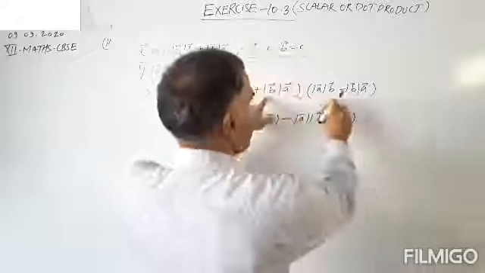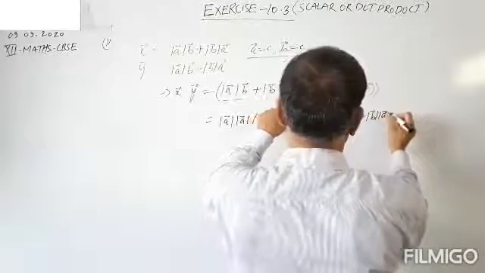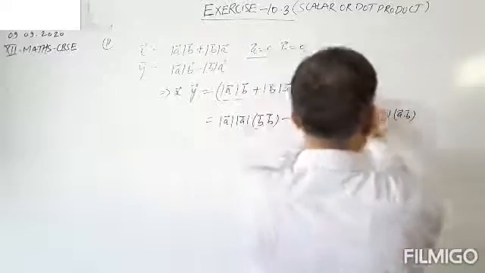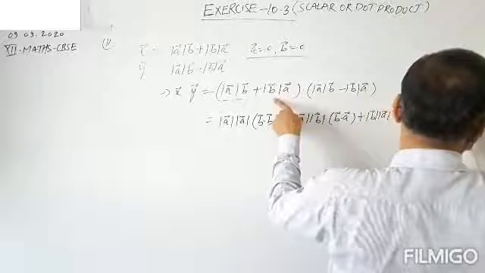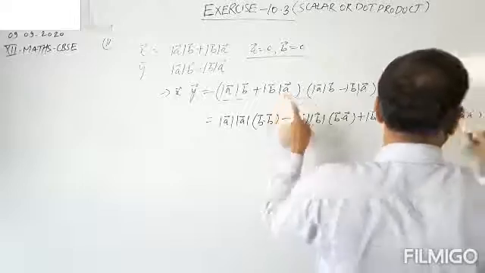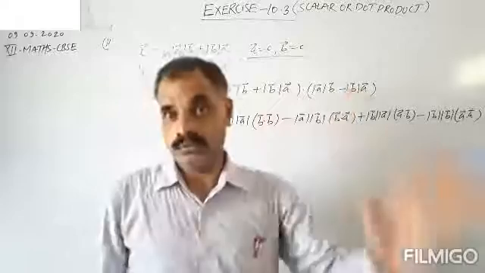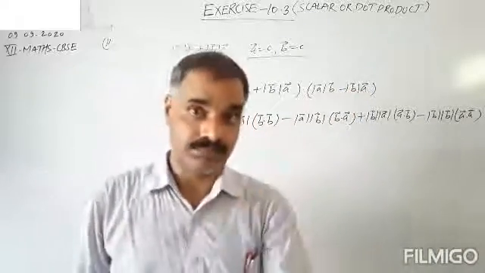Now this will multiply this, plus magnitude b vector, magnitude a vector, a vector dot b vector, and lastly minus magnitude b vector multiplying a vector dot a vector. So this is the multiplication of these two vectors. Actually this is the main step.